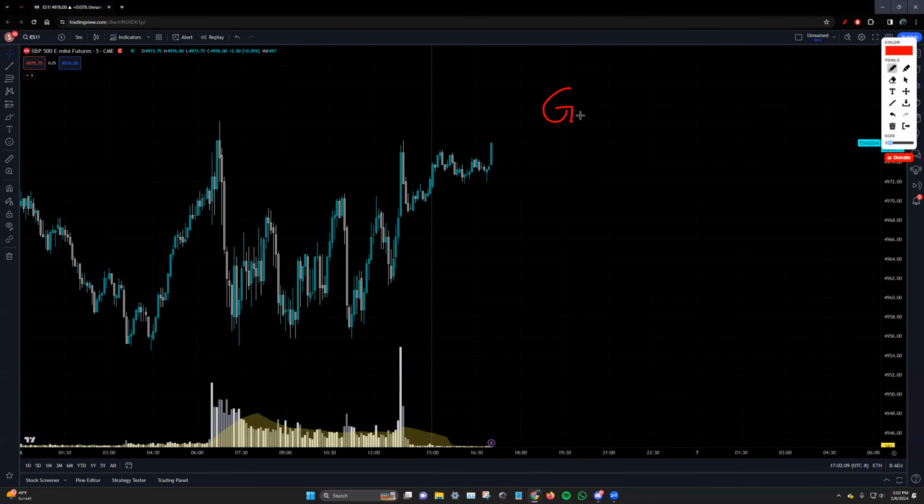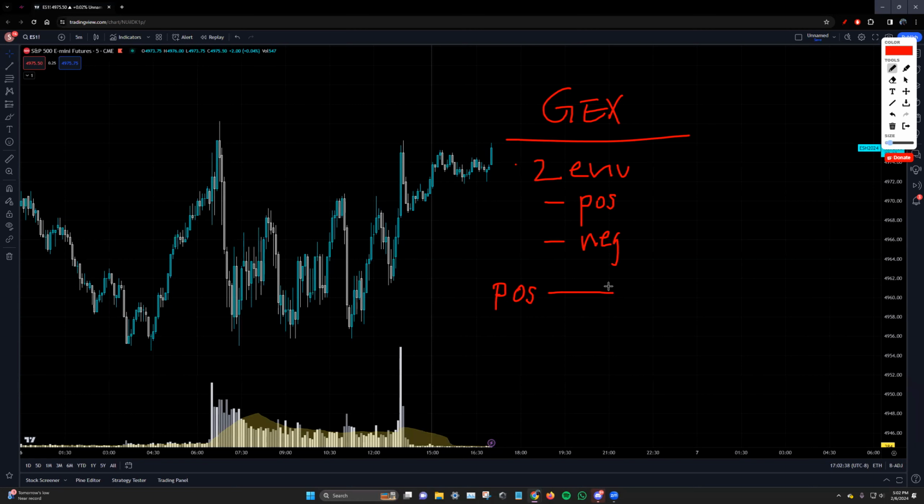Starters, for those who aren't taking notes, take some notes, so I don't have to keep repeating myself. Two environments. One is positive, the other one is negative. A positive environment means dealers sell the rips and buy the dips. What does that mean for the market?